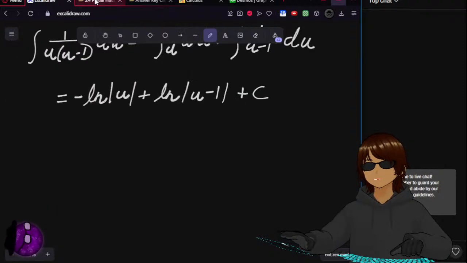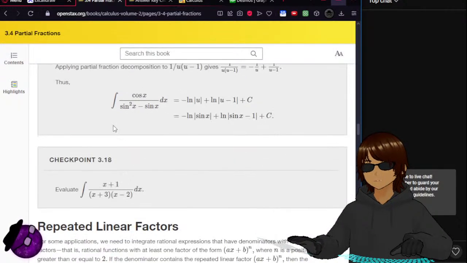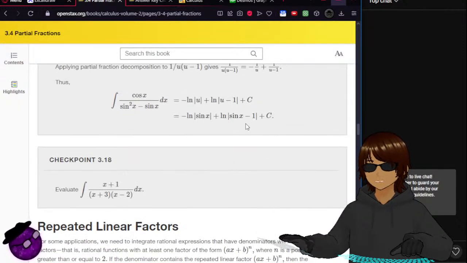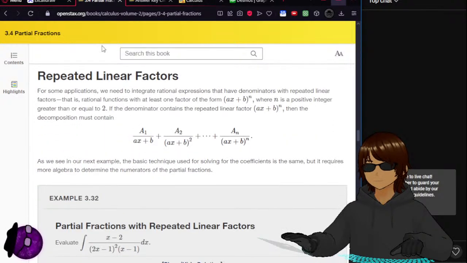So I just have to replace u with sine x and I'll get the final answer. In sine x.